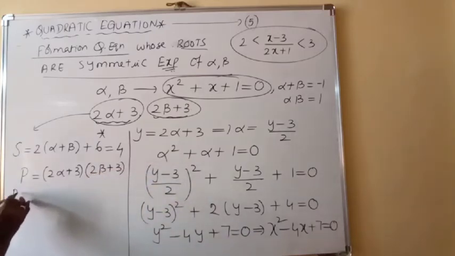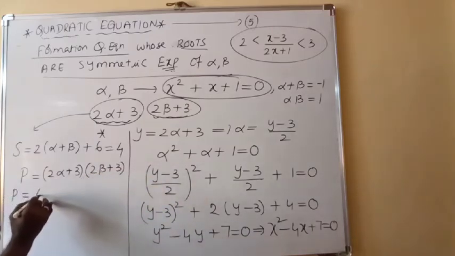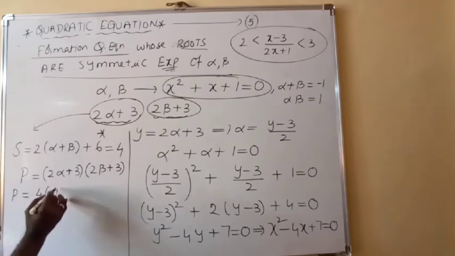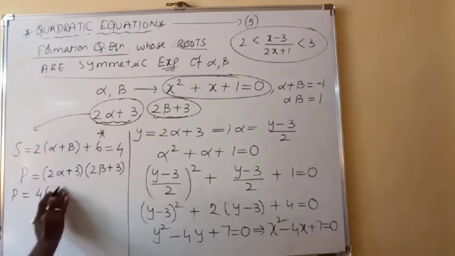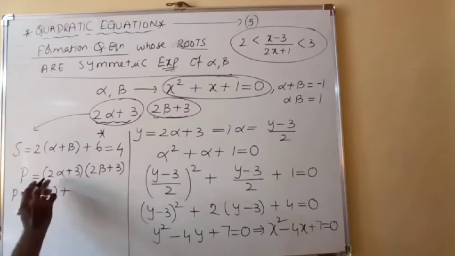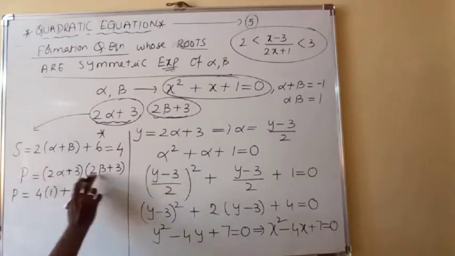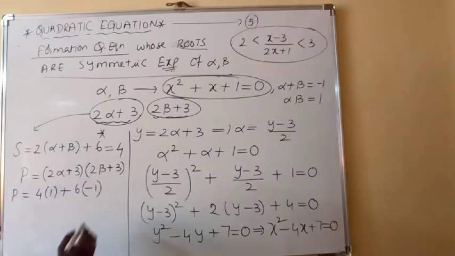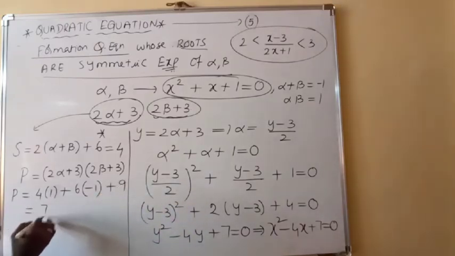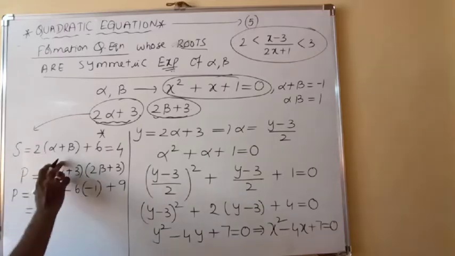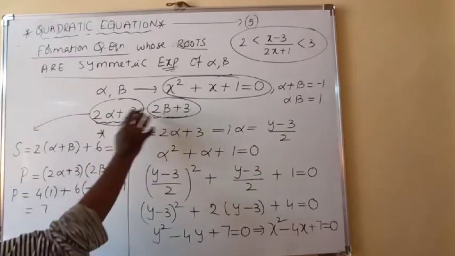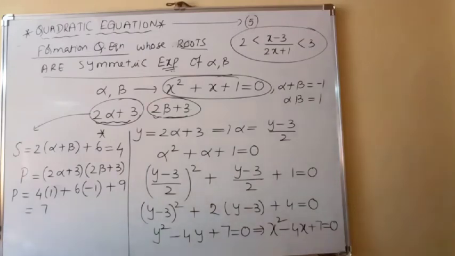If you multiply, what you will get? 2 alpha into 2 beta, 4 alpha beta. Alpha beta is 1. Next 2 alpha into 3, 6 alpha plus 6 beta, 6 times alpha plus beta, which is minus 1. 3 3s are 9. So what you will get here? 7. So the sum of the roots is 4. Product of the roots is 7.